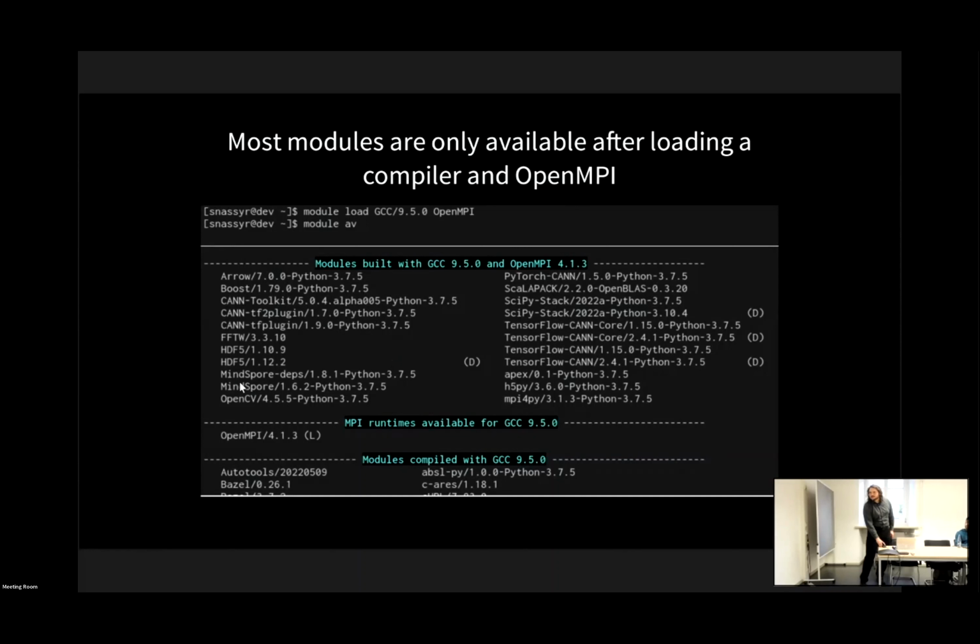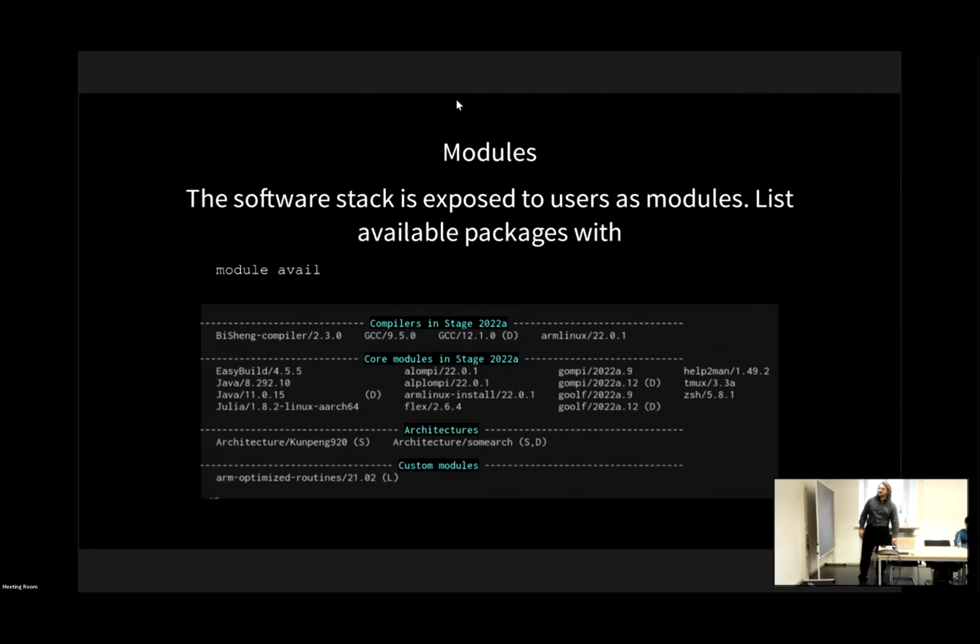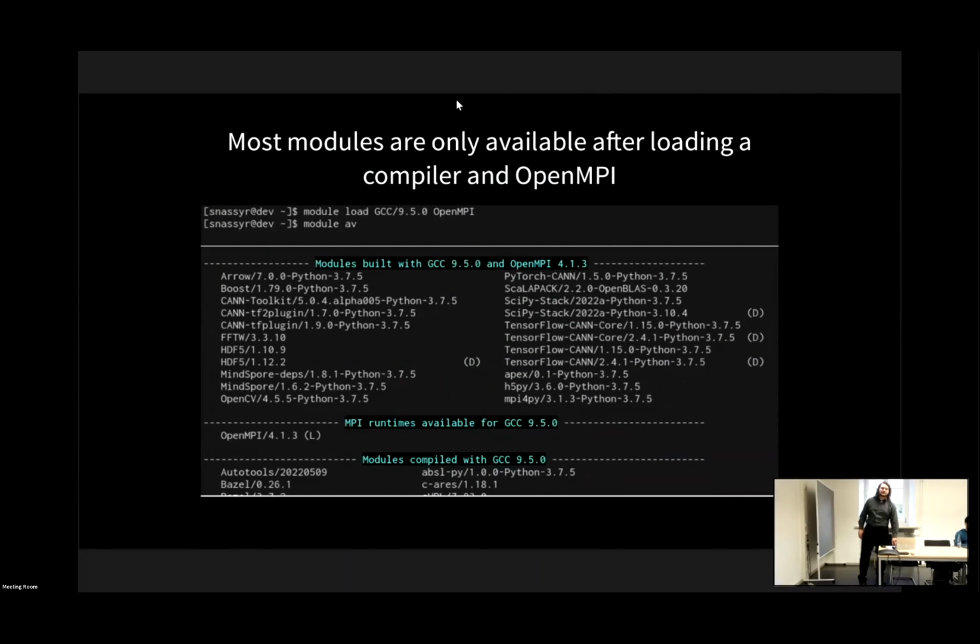You have your MindSpore, OpenCV, and so forth, TensorFlow, and yeah. So if you do not see a particular package in the basic list, first load the compiler and OpenMPI and then look again.